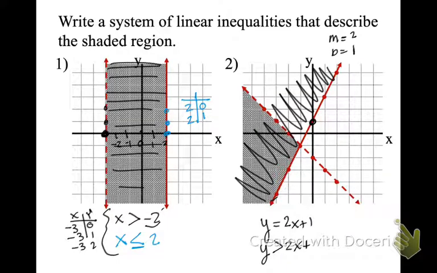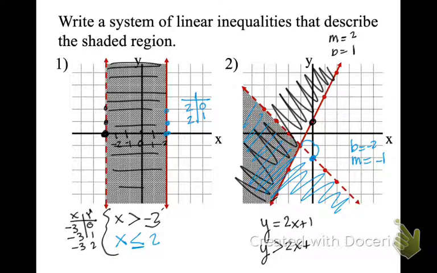The other one, I have to continue the shading, and I'm going to see my m is here. My b is -2. And my m is negative. It's up 1, left 1. So it's -1.